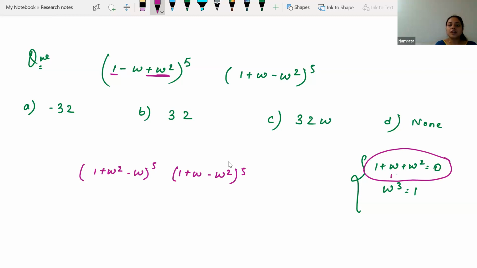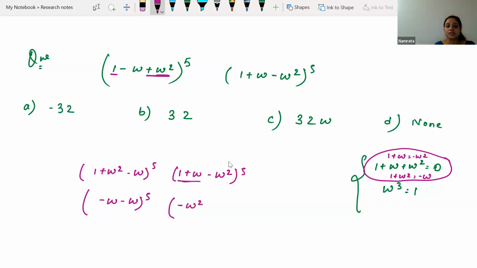Let's write (minus omega) to the power 5. And here 1 plus omega will be minus omega square, we can also write that.